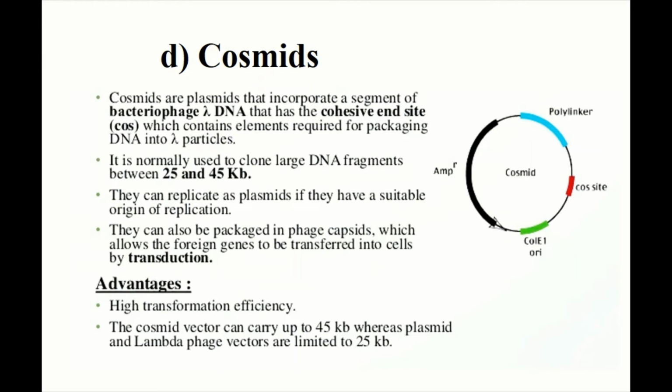Cosmids are plasmids that incorporate a segment of the bacteriophage lambda DNA that has a cos site. So cosmids are a combination of a plasmid that has a cos site, or cohesive end site, which is called cos in the bacteriophage lambda DNA, and it contains elements required for packaging DNA into lambda particles.